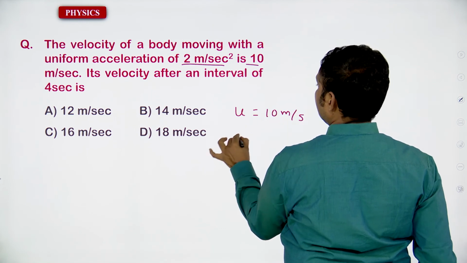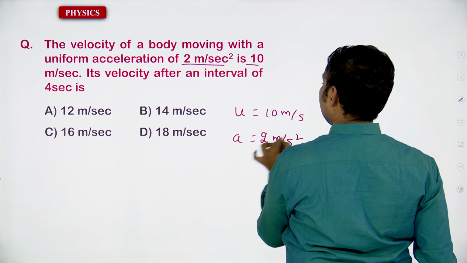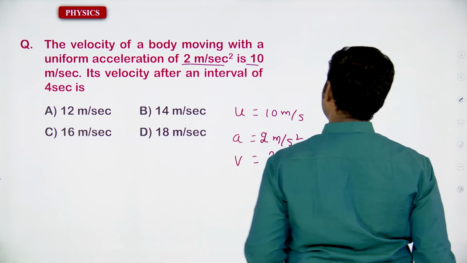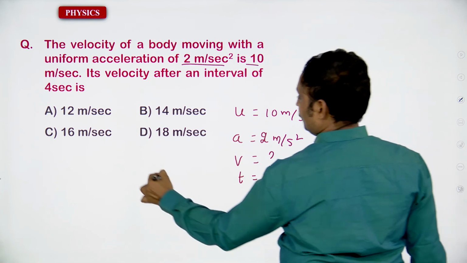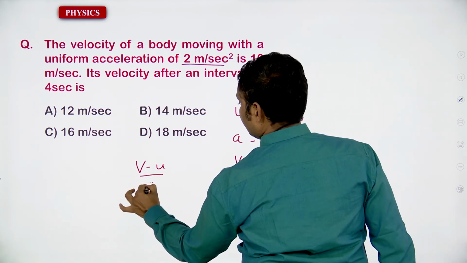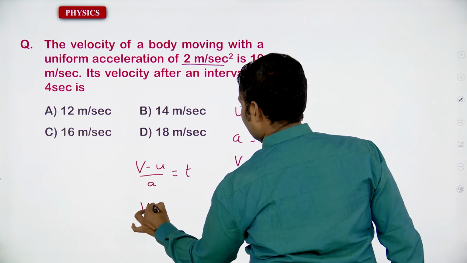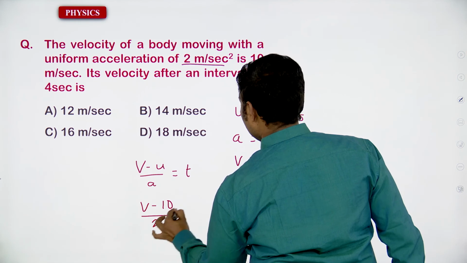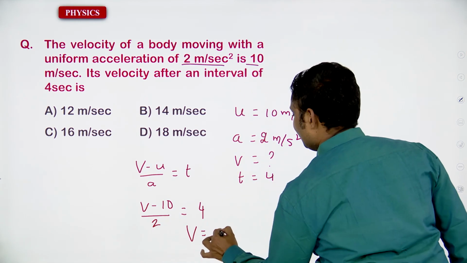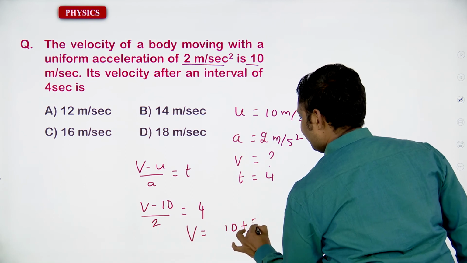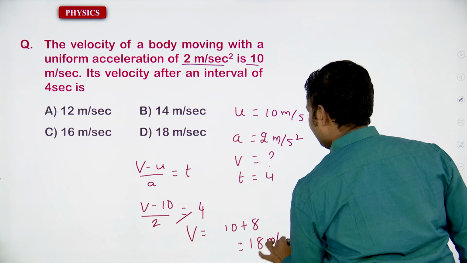It's very clear. a is equal to 2 meter per second square. v is equal to question mark and t is equal to 4 seconds. You know, (v minus u) by a is equal to t. So, you will get (v minus 10) by 2 is equal to 4. So, v is equal to 10 plus 8. That is going to be 18 meter per second.